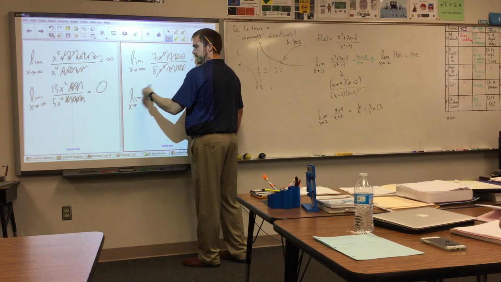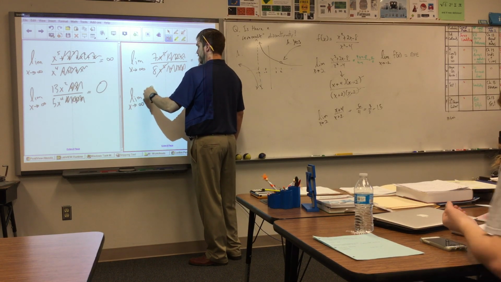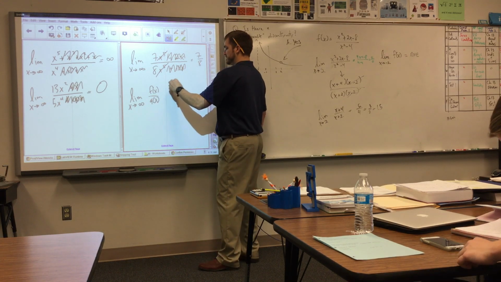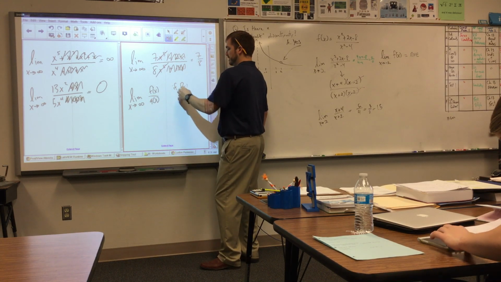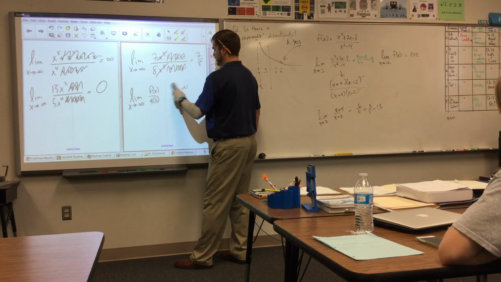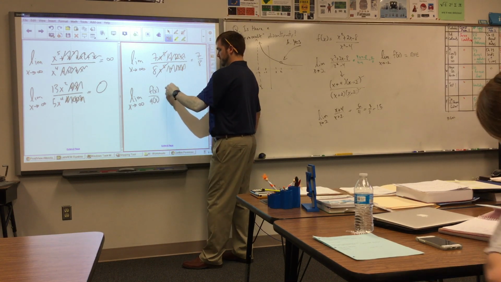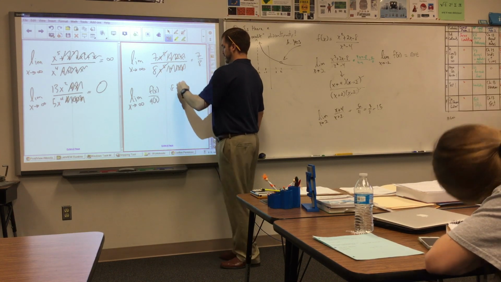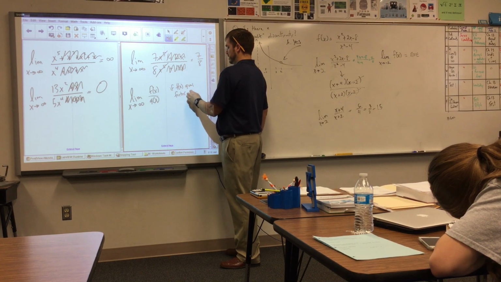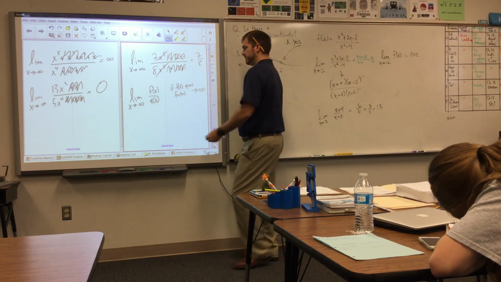So if I were to write this down as a summary statement, the limit as x approaches infinity of f of x over g of x, I guess we'd say if f of x grows faster, then your limit is going to be approaching infinity.